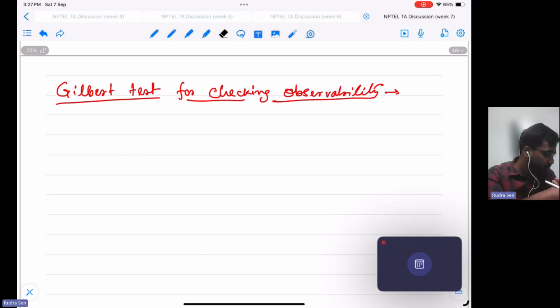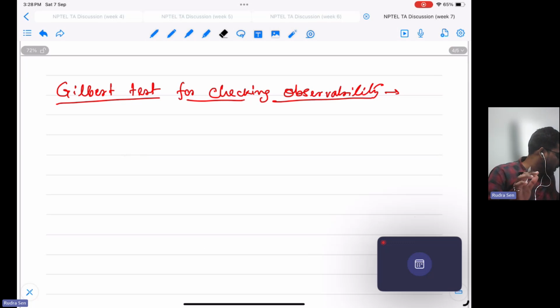Using it, we make the system into a diagonal form, and then we check whether the system is controllable or observable by checking only the matrix and the corresponding input matrix, or the output matrix.